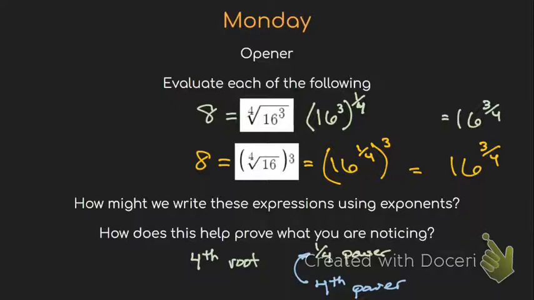Simplify fraction exponents. Talk to me more about that idea of simplifying fractional exponents. Or maybe just break it down for us. When we see a fractional exponent like this 3/4 there, what do those things tell us?